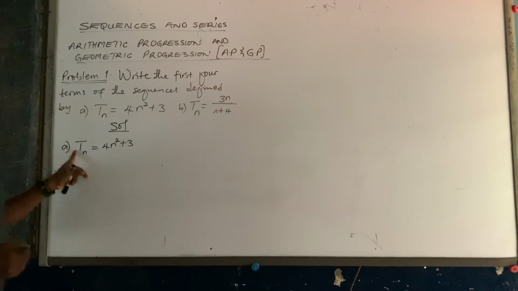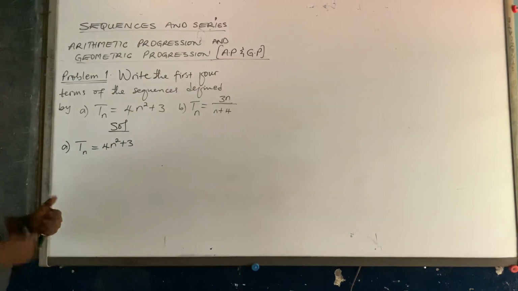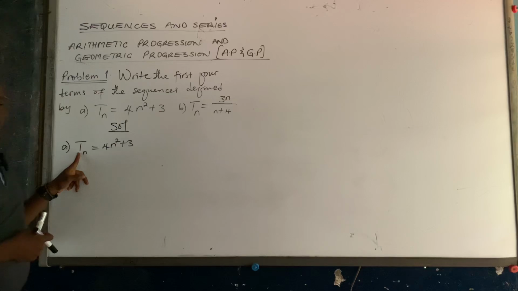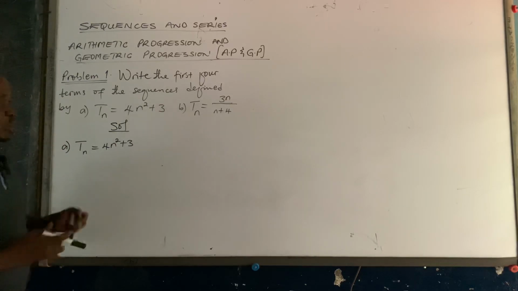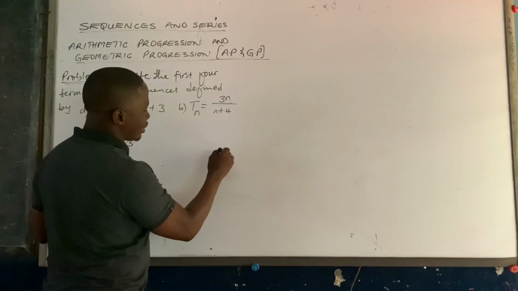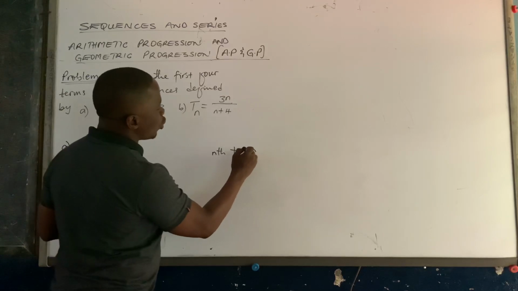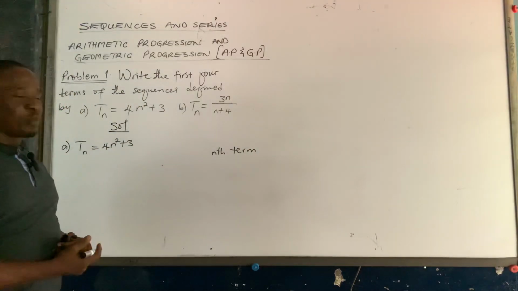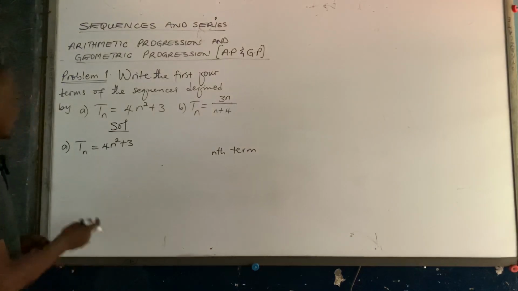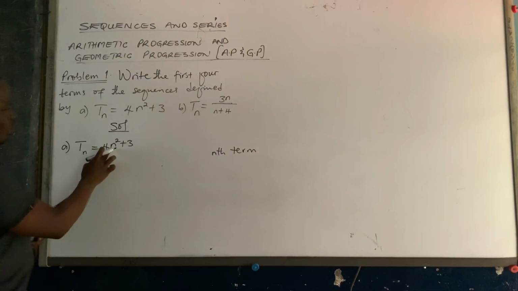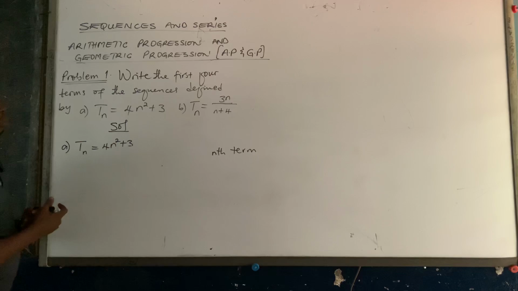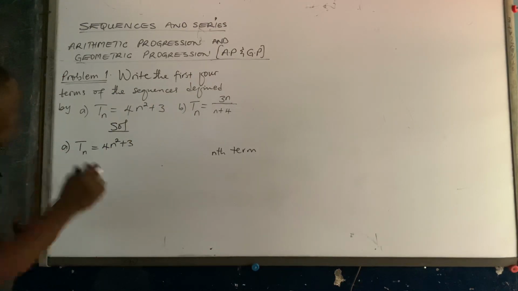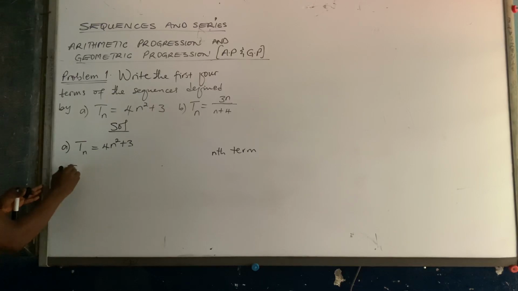When we say T subscript n, normally we say T sub n. This represents what we call the nth term, the general term. If the general term is given as 4n squared plus 3, but the question requires us to find the first four terms, we must start with the first term.